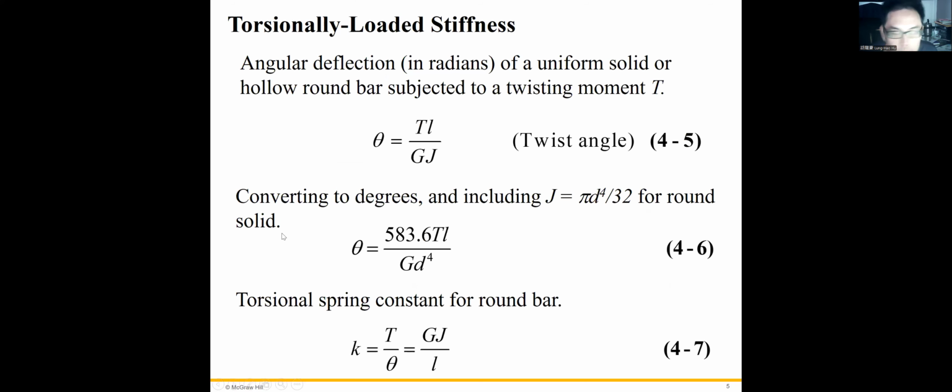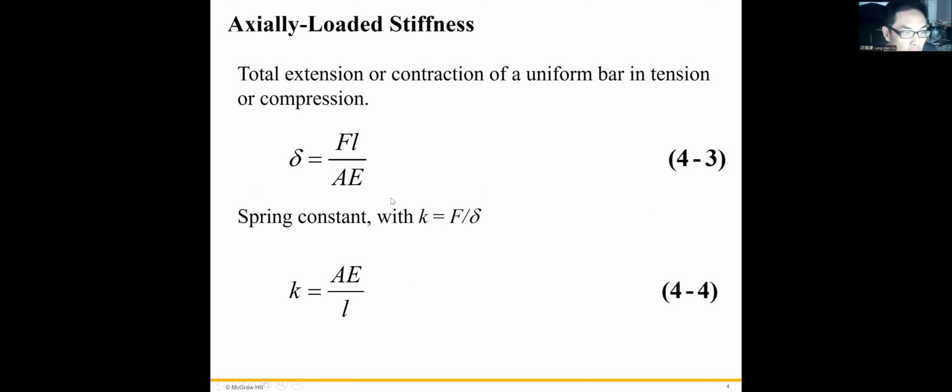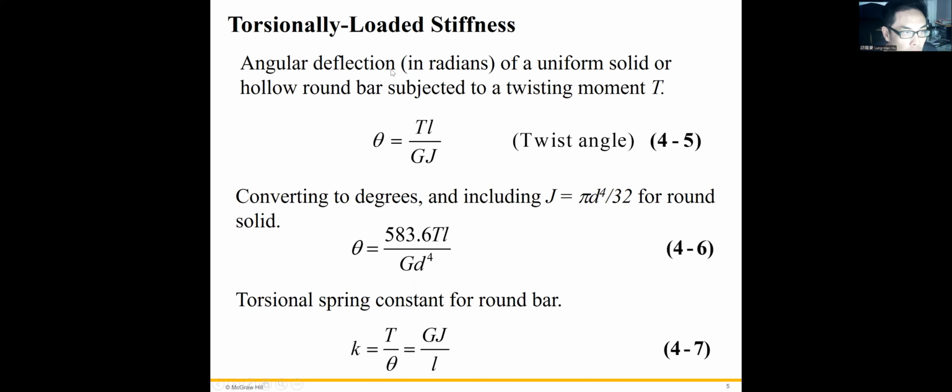For torsion, we have to change the deflection from delta to the angular deflection. The angular deflection of a uniform solid or hollow round bar subjected to a twisting moment T is the twist angle. On the previous slide, I used phi to define the twist angle.